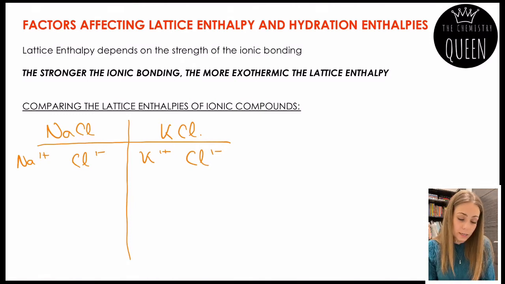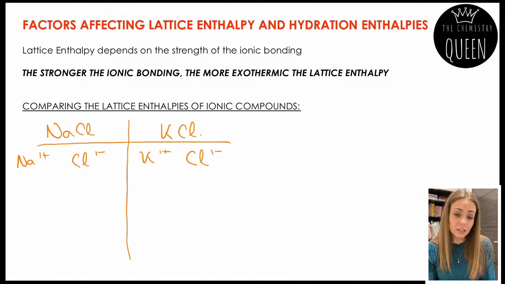Now, the chloride ions are the same for both compounds, so nothing changes with the negative ion. So I'm not going to be comparing the negative ions in this case. It's not going to have anything to do with the strength of the ionic bonding, but the positive ions are different. Now, I can't comment on the size of the charge because they both have a 1+ charge.